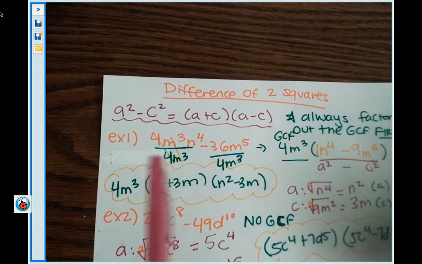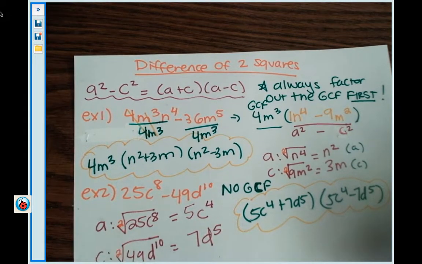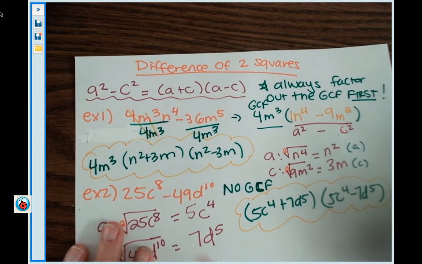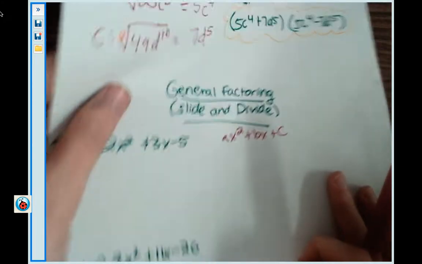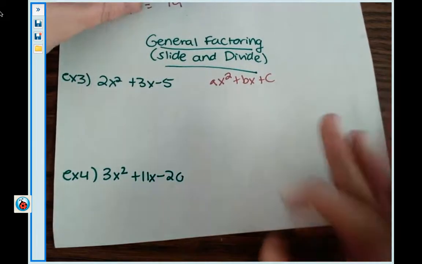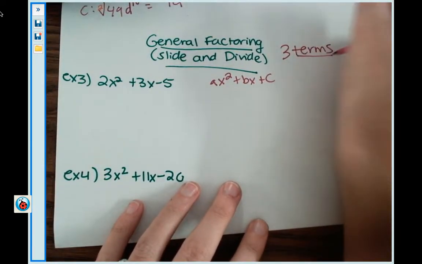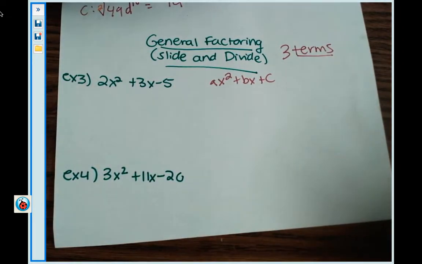If you have 2 terms and you're subtracting, one of the options is a difference of 2 squares. Now, we're going to learn some other techniques that have 2 terms and subtract, but one technique you can use is a difference of 2 squares. So if you see 3 terms, you will be using general factoring if you can factor. You must have 3 terms in order to do it, which I have, 1, 2, 3, so I'm good to go.